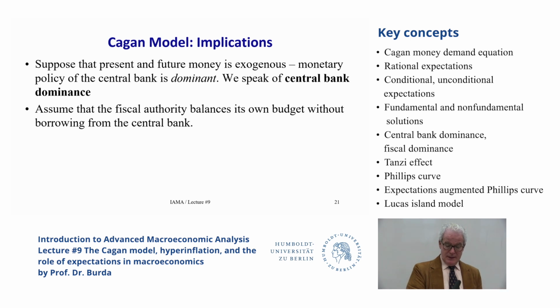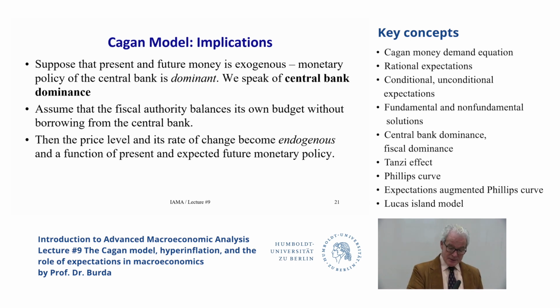It's only one possibility, but it could be the case that the central bank can say no, and if the fiscal authority has a deficit, it has to go to the capital markets and raise money by issuing bonds. The central bank has no commitment to buy those bonds, and therefore the borrowing capacity of the fiscal authority is limited. In that case, the price level becomes a function of expected future money supply as decided by the monetary policy authority.